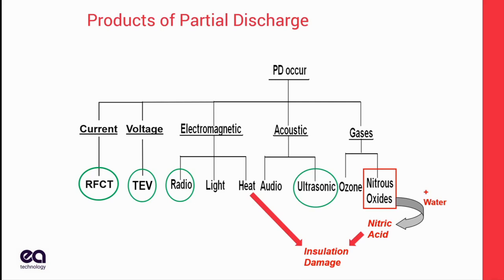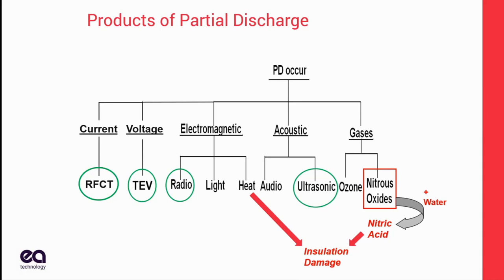So we can use these radio waves to detect PD as well. Now, a lot of our power systems, cables specifically, shielded cables, metal-clad switchgear, transformers, are surrounded by a Faraday cage. So we don't get the radio waves out of them that easily. So radio has its place more in open air substations, but it's a good way of detecting PD.